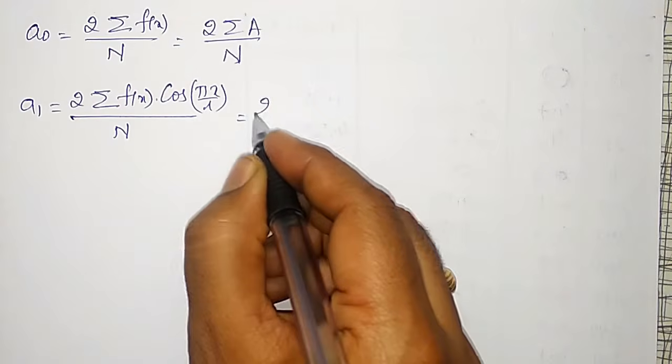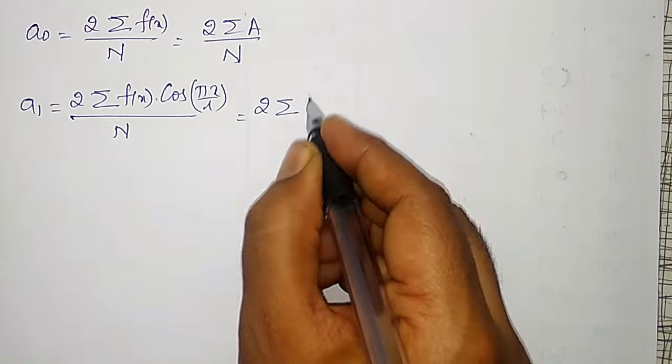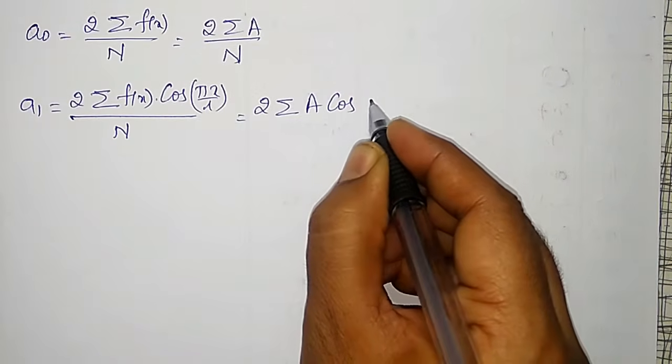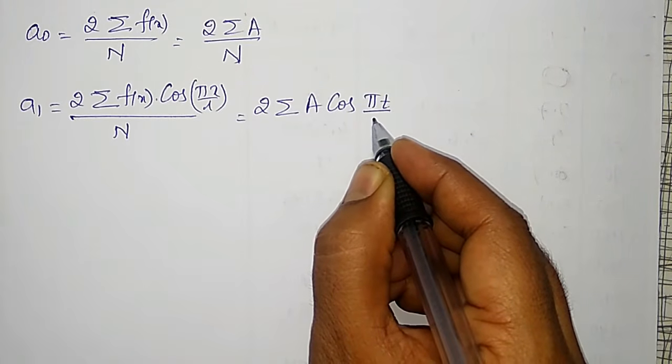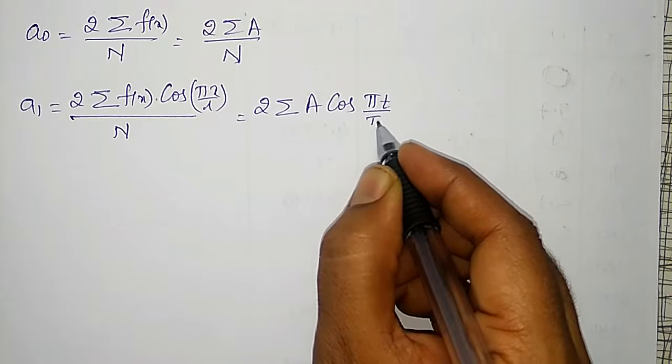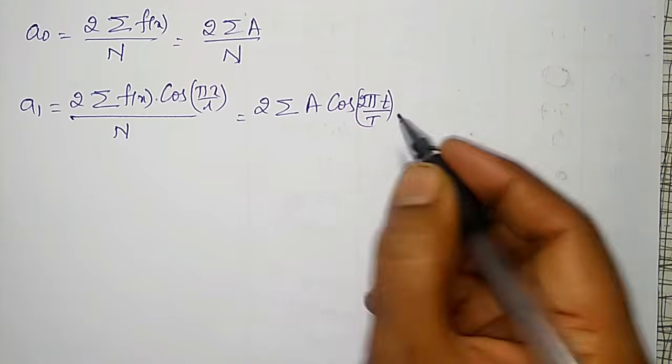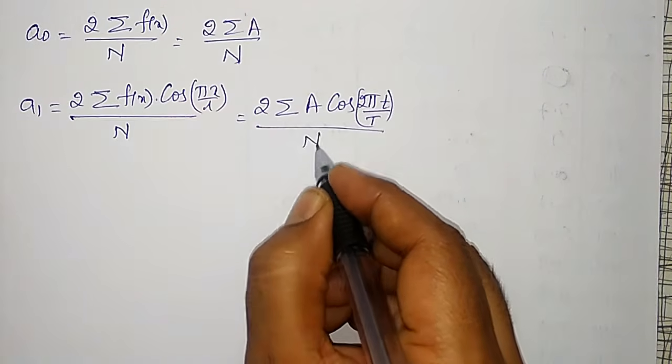Therefore, I will substitute 2 into summation, where f of x is nothing but A, cos of pi x, where x is nothing but t divided by capital T and L is T by 2. Therefore, it is A cos of 2 pi t by T, whole divided by n.